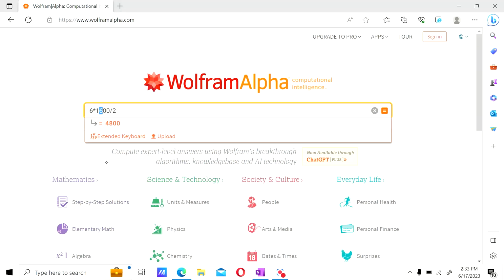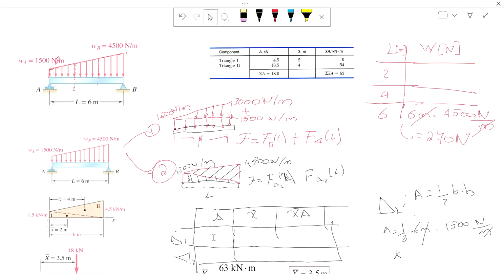I don't know why I said 1600. Okay, 6 times 1500 divided by 2 is 4500. So this area right here is 4500. And that area is actually a distributed load as a force, a distributed force. So this whole triangular shape is applying a force on the beam of 4500 newtons.